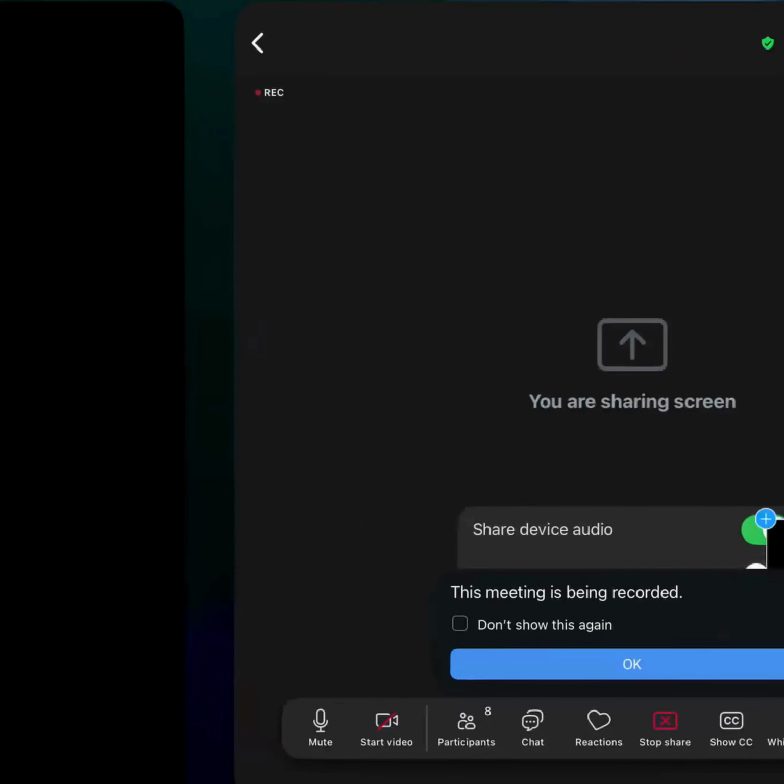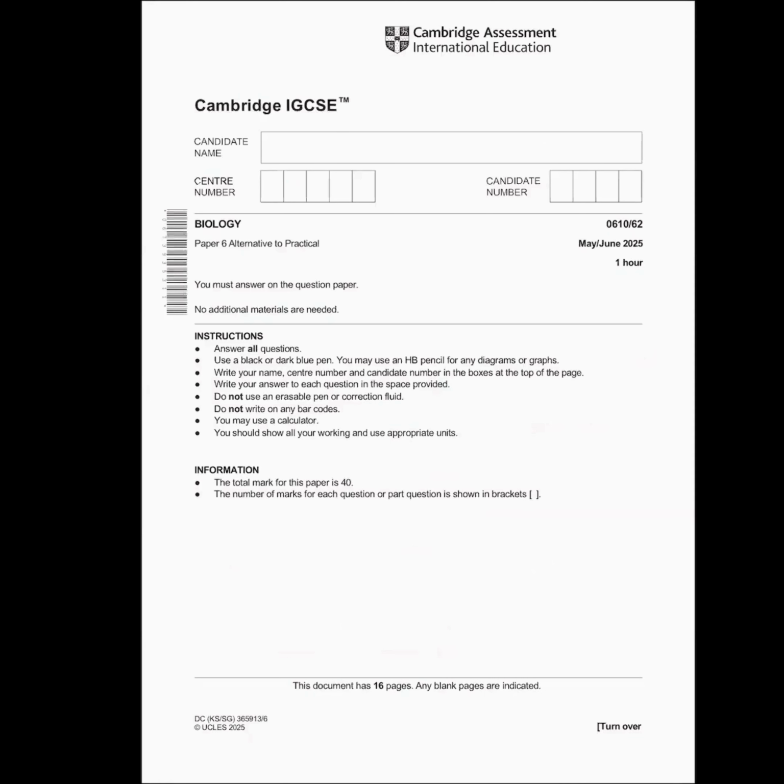Bismillah ar-Rahman ar-Rahim. Okay. We have talked before about paper 6 and how to handle paper 6. Today, inshallah, we are starting with May, June 2025, variant 2. As you remember, paper 6 is from 40 marks and it's 1 hour.